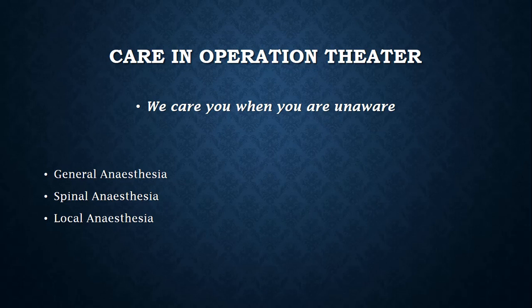Generally, patients are operated either under general anesthesia, spinal, or local anesthesia. The better way of understanding optimal care is a well-known saying: we care for you when you are unaware. Patient care mainly depends upon the type of anesthesia being used.